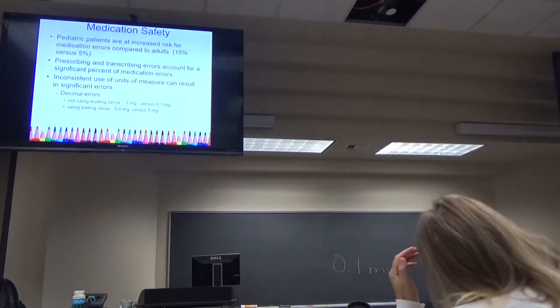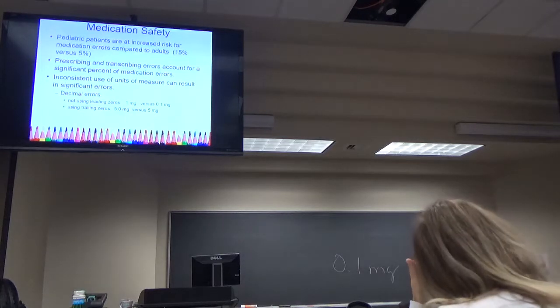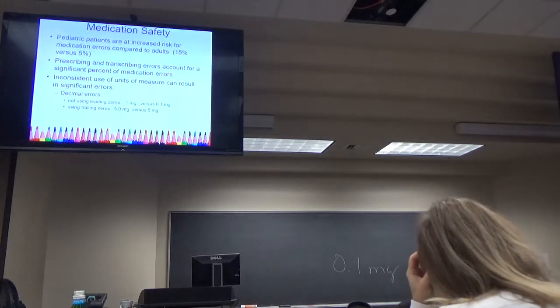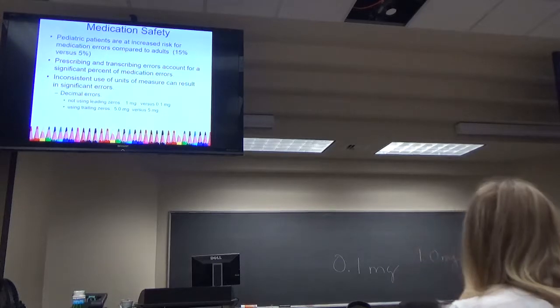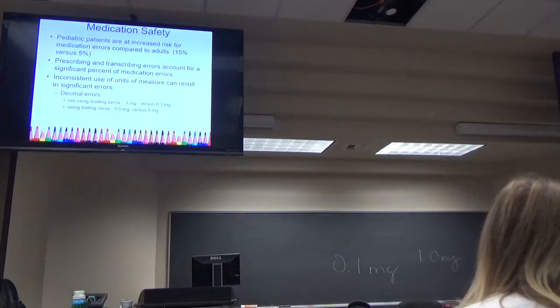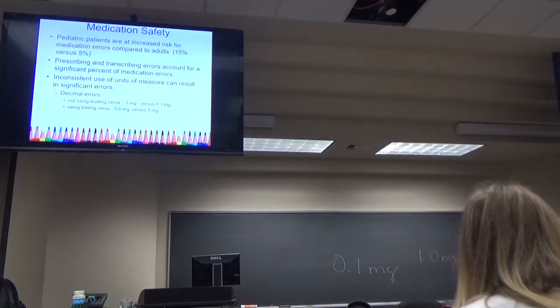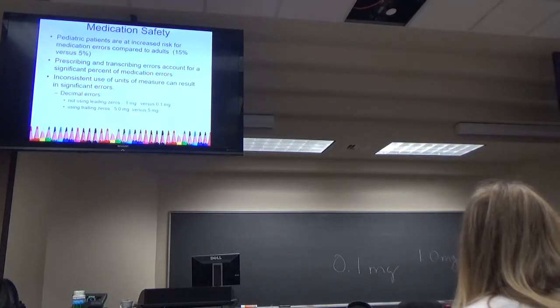Doses not rounded to the nearest whole number. So it is very common at your point to calculate things to the 100th decimal point. We never do that. You have to think about what is practical for the parent of a child, or if they're an adolescent and they're giving their own medicines, what's practical. Also, how practically can you measure it?